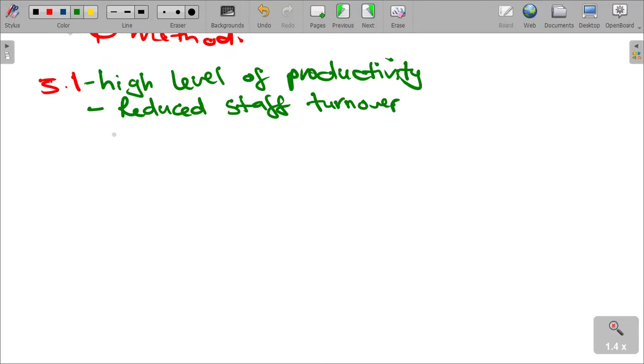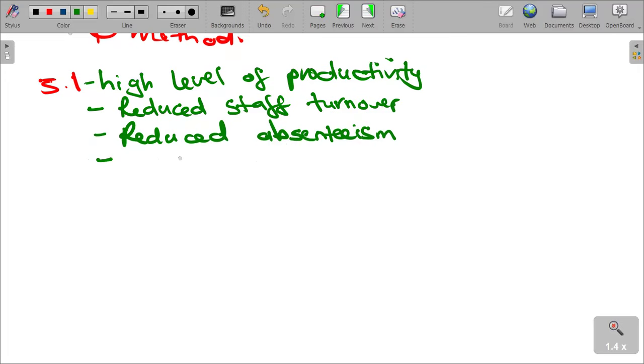Right, when there is a reduced number of people who are leaving the organization, and also reduced absenteeism, when there is a reduction in people not coming to work, that means people are satisfied.